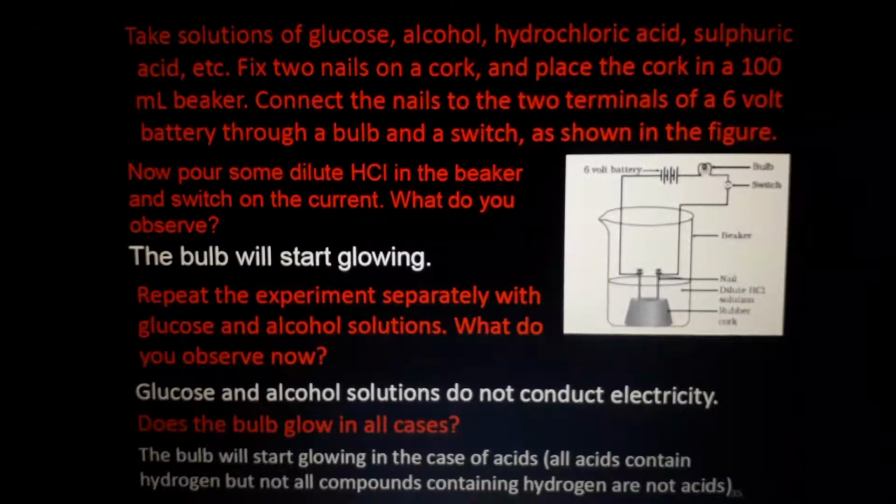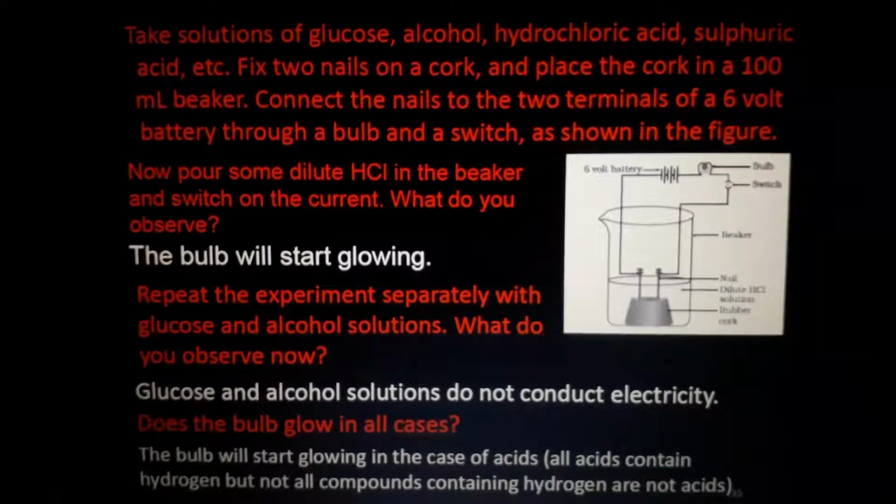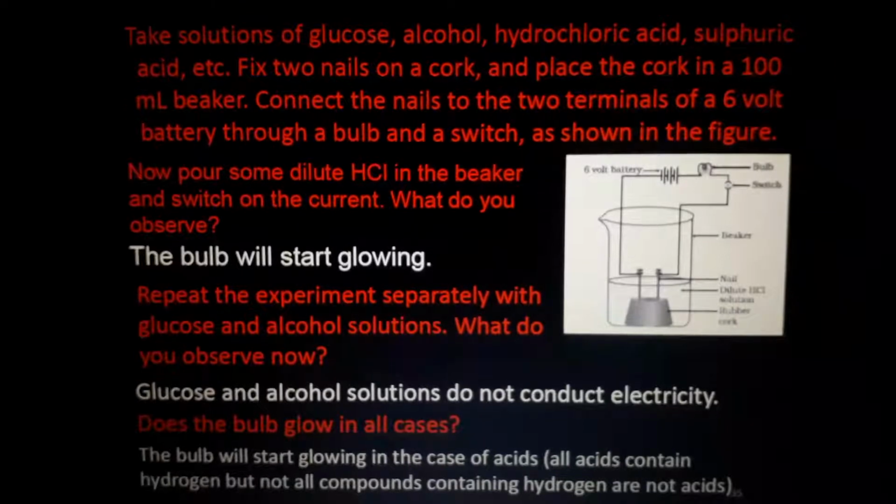Another property of this one. Yes, we have time. So there are lots of chemicals which resemble acid. Understand? They resemble acid. For example, glucose. You know the formula of glucose? C6H12O6.